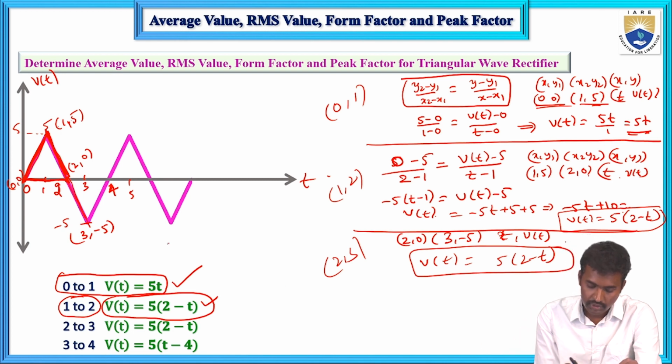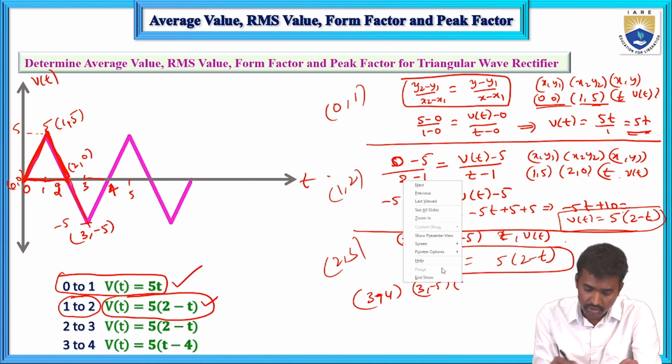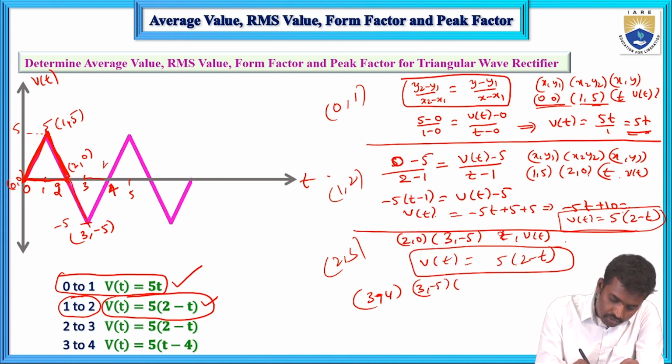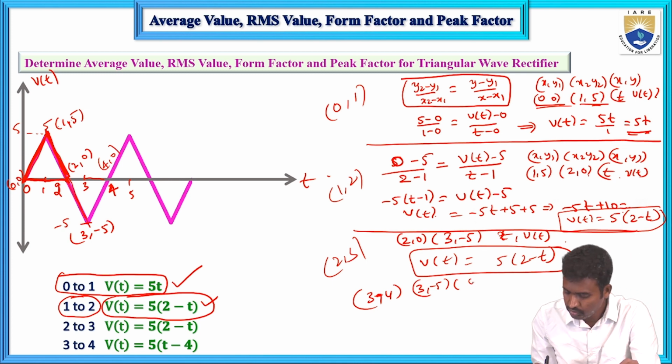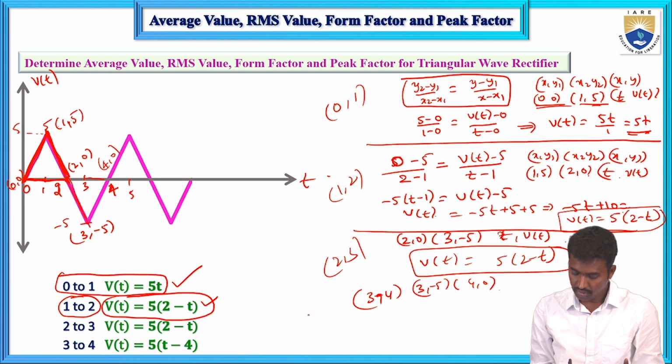Now between 3 to 4, we have the points 3 comma minus 5 as x1, y1, and 4 comma 0 as x2, y2. In that case, 0 minus of minus 5 divided by 4 minus 3.